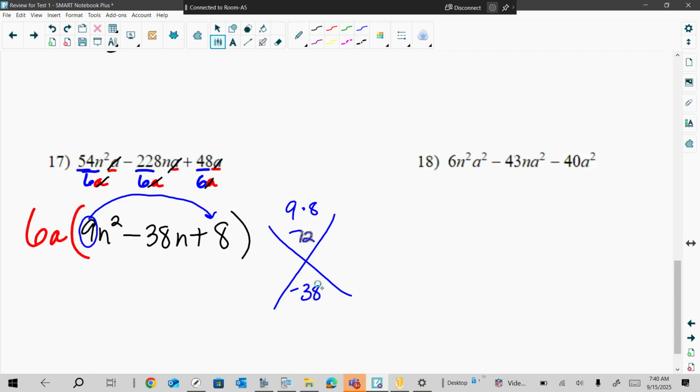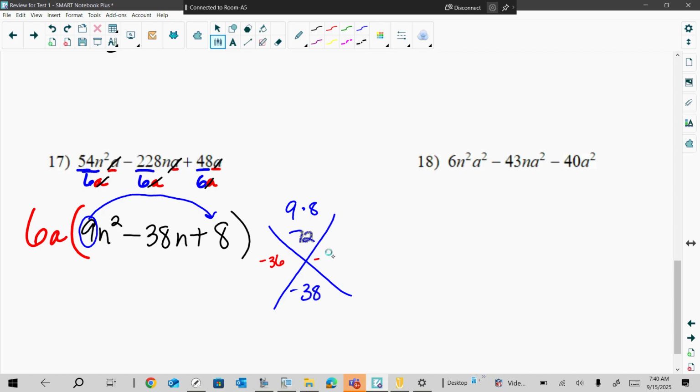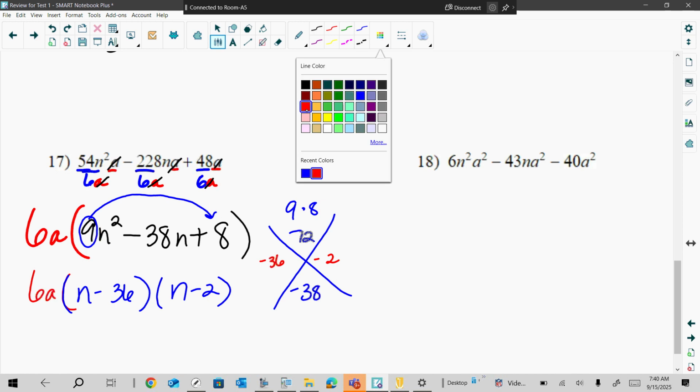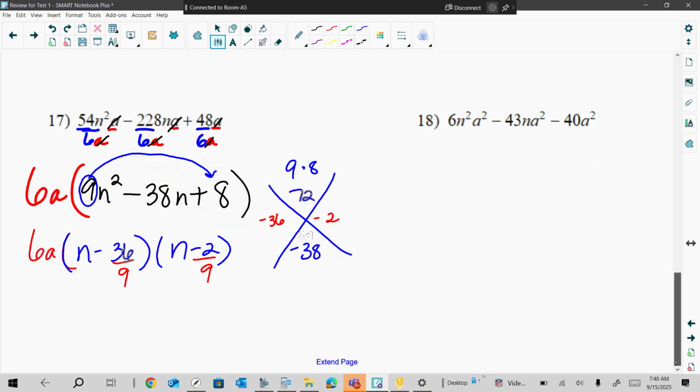So this would end up being, I believe, negative 36 and a negative 2. So you keep the 6a outside the parentheses. We now have n minus 36, n minus 2, but we have to slide the 9 under and reduce.